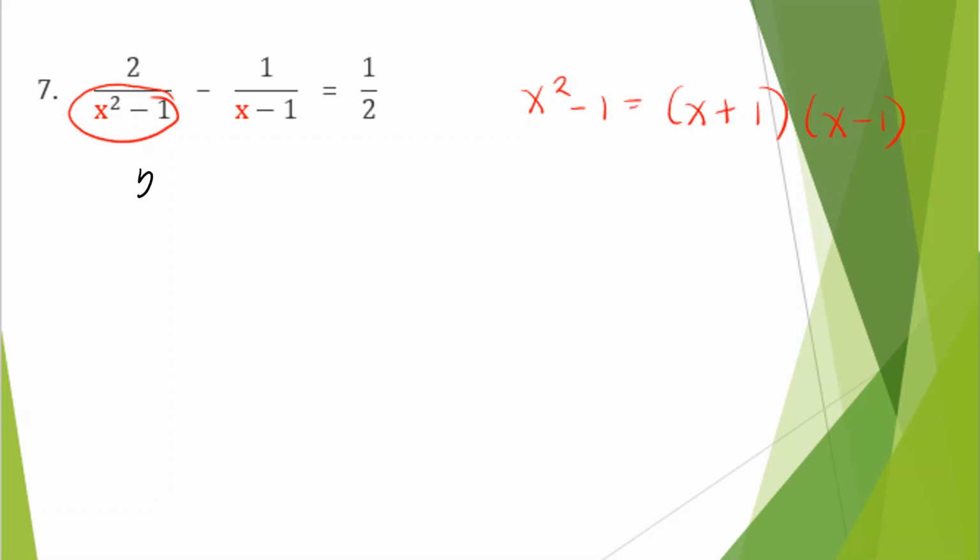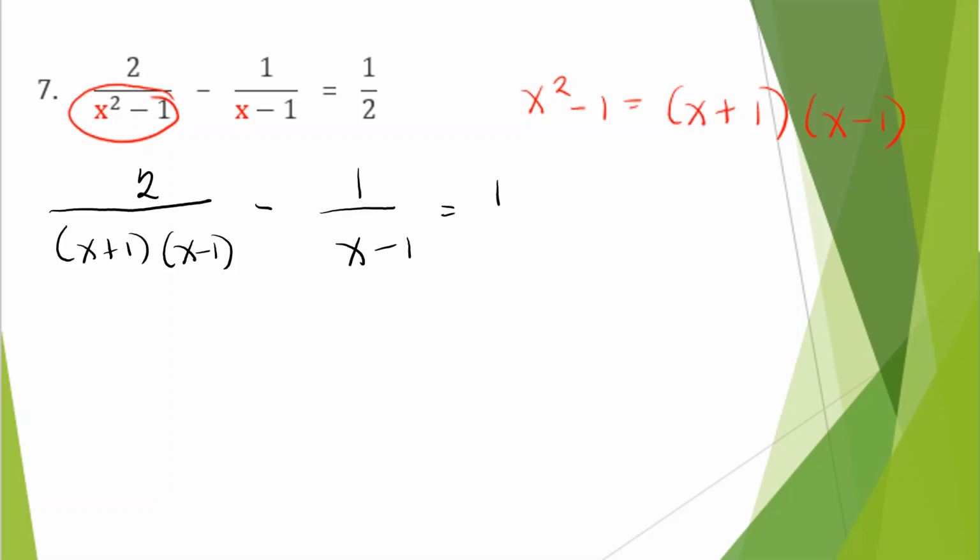So this will become 2 all over x plus 1 multiplied by x minus 1, minus 1 over x minus 1, is equal to 1/2.